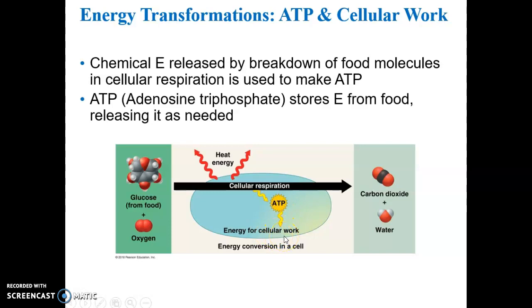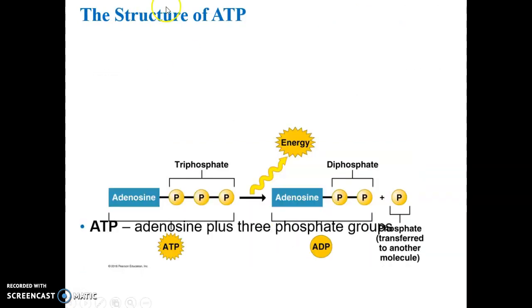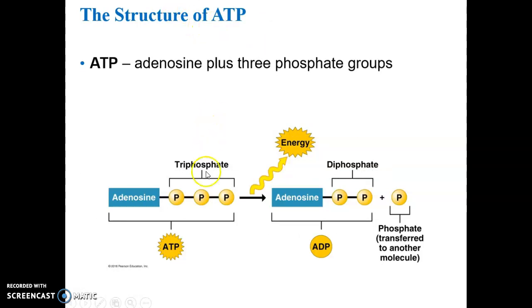So let's look at ATP a bit. It's an adenosine subunit molecule with 3 phosphate groups on it, which is why it's called adenosine triphosphate. Okay? The chemical bond between the second and third phosphate right here is the high energy bond. When that covalent bond gets broken, energy is released.